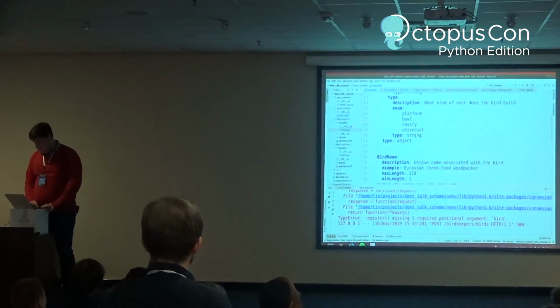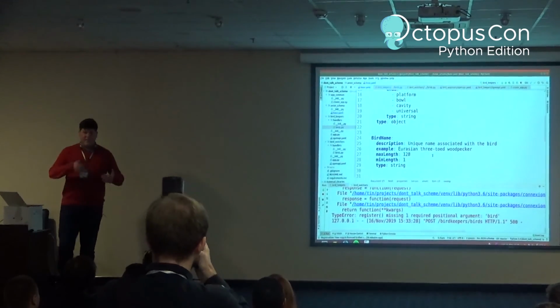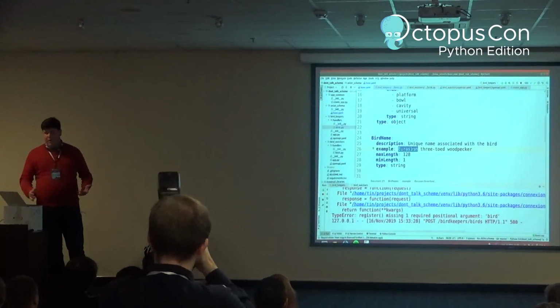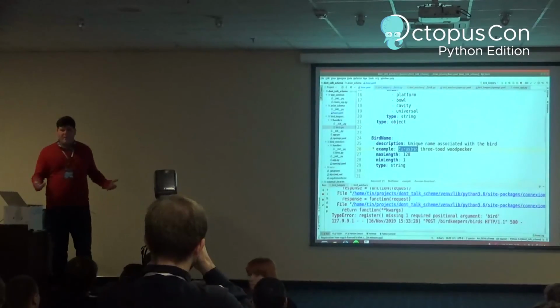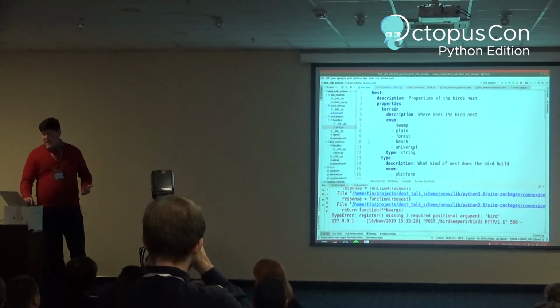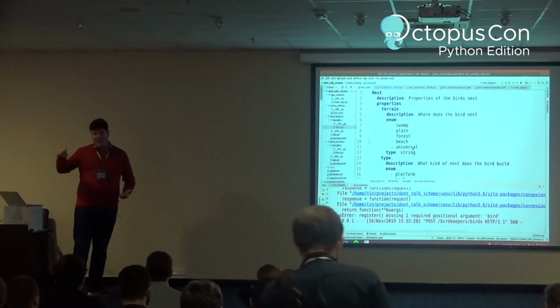Like if you say that it's a unique name associated with the bird, it takes a little bit of reading comprehension. If you provide an example or put it as a pigeon, it's much more obvious for people reading it. Generally, you can have composite examples so that you don't have to put field by field examples.